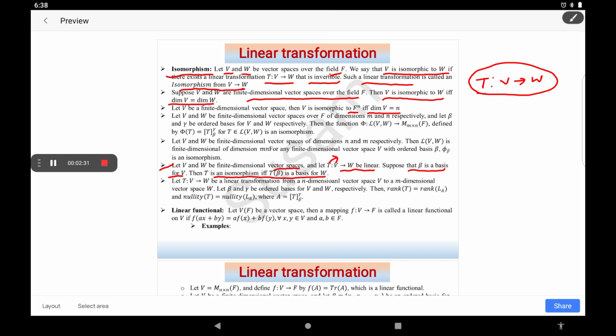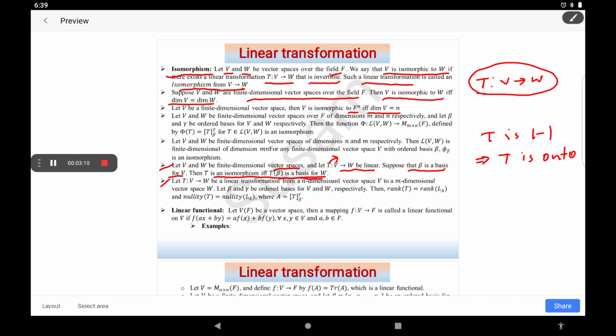T from V to W is linear and V and W are finite dimensional vector spaces. You have a basis for the domain set V, and T is an isomorphism if and only if T of beta is a basis for W. Why? Because when T of beta is a basis for W, in that case T is one to one. And as V is finite dimensional, one to one implies T is onto. So in that case T is invertible, and that's why these isomorphism properties hold.